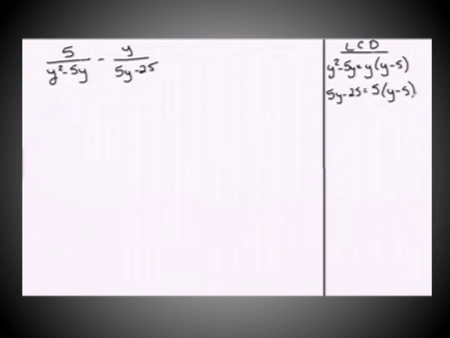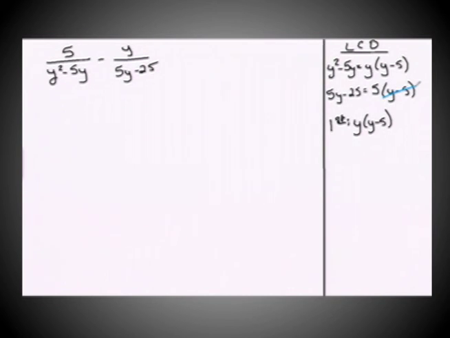So the next step in finding the LCD is to list out the factors of the first denominator, so y times y minus 5, and add any factors in the second denominator that aren't already in the list.